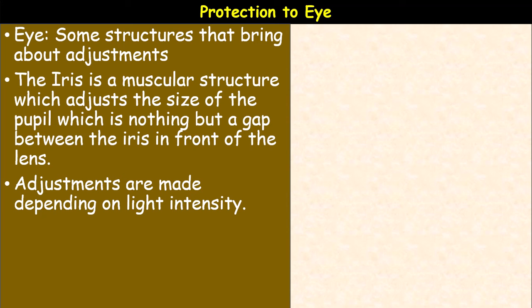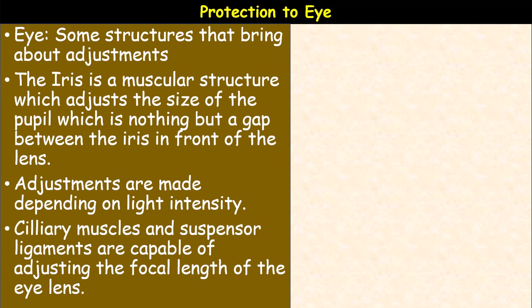Adjustments are made depending upon the intensity of light. When more light is entering the eye, the pupil will contract. When less light is available, in dim light, the pupil will expand so that more light enters inside. Then the ciliary muscles and suspensory ligaments.